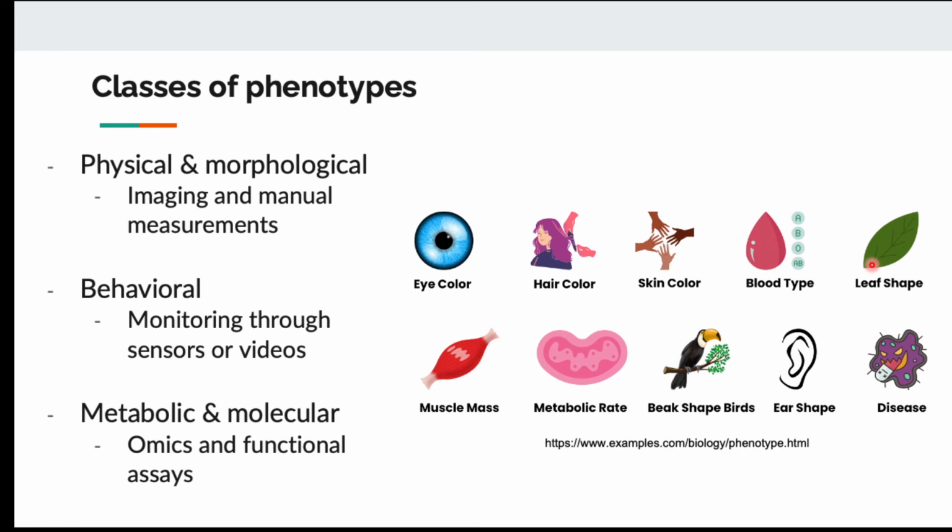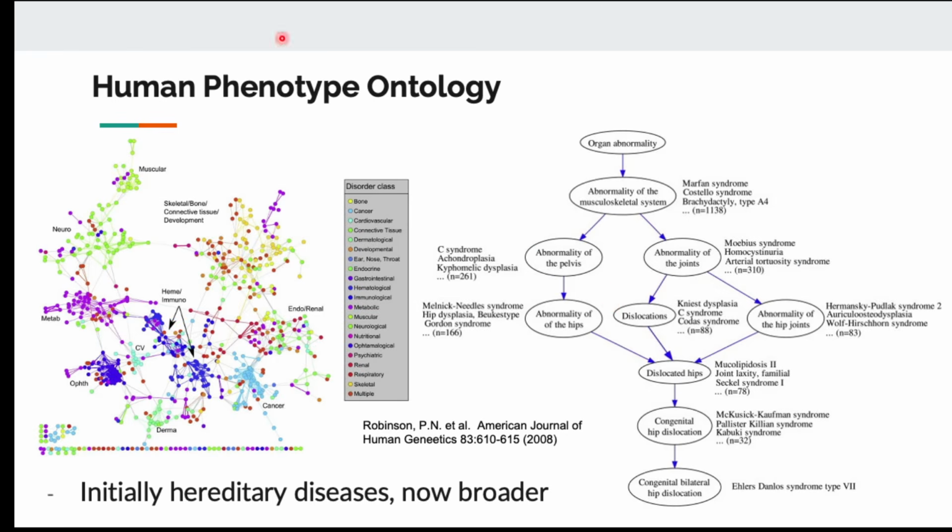So similar to when we learned about functional annotation, like gene ontology, we have to have standardized terms that characterize these different phenotypes. For humans, there is the Human Phenotype Ontology. Similar to gene ontology, this consists of different terminology related to human disease or human morphology. And there are relations, like if you have an abnormality of an organ, it might be in the muscle system or might be in a different system.